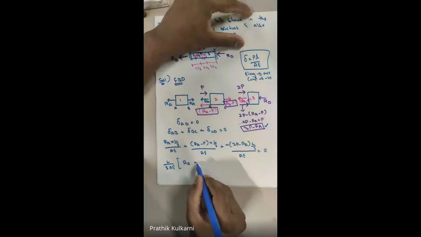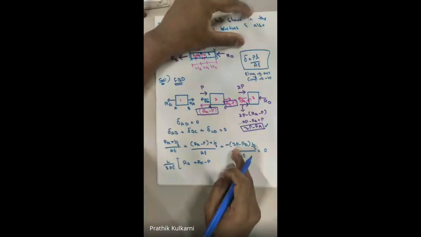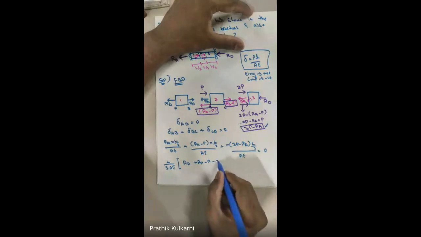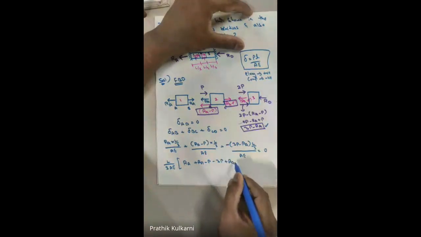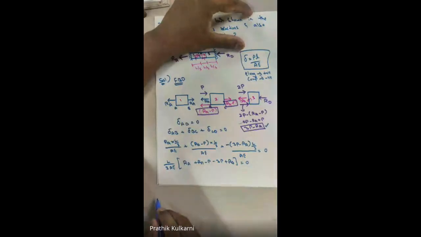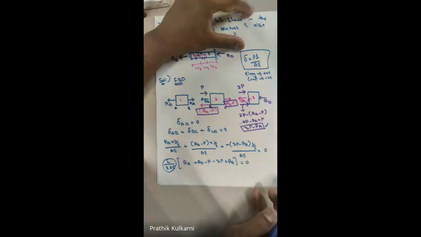This is RA, plus RA minus P, here also minus 3P plus RA is equal to 0. If you send this one there, it is becoming 0.